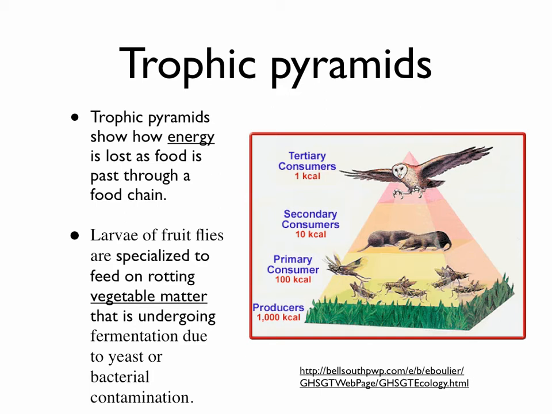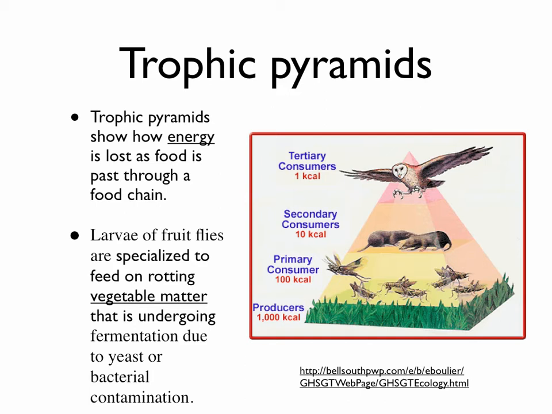And so you'll see each level of this glorified food chain has an amount of kilocalories associated with it. So you'll see the grass has 1,000 kilocalories associated with it. So kilocalories is a measure of the amount of energy in that food.